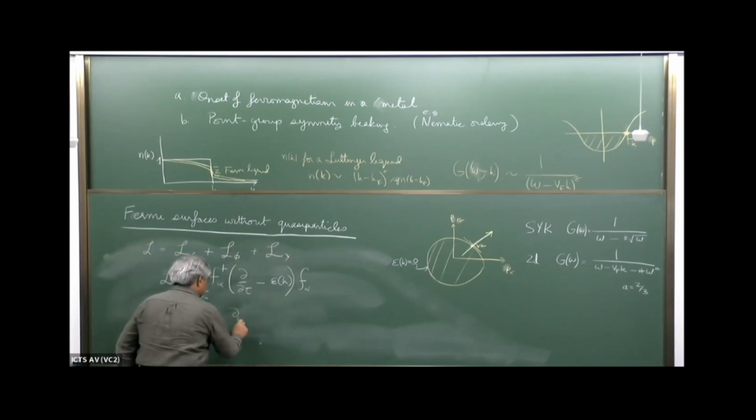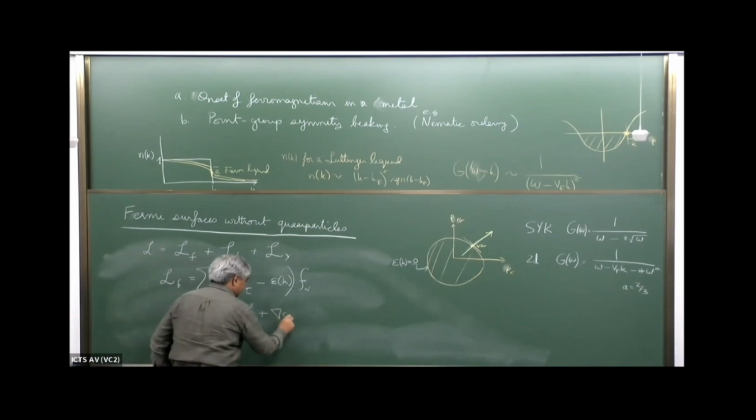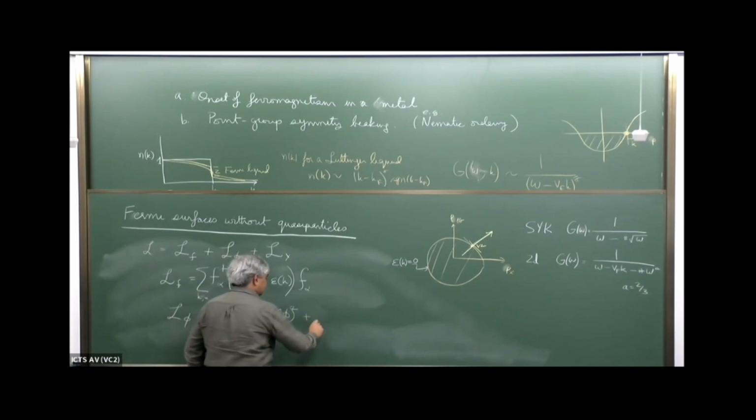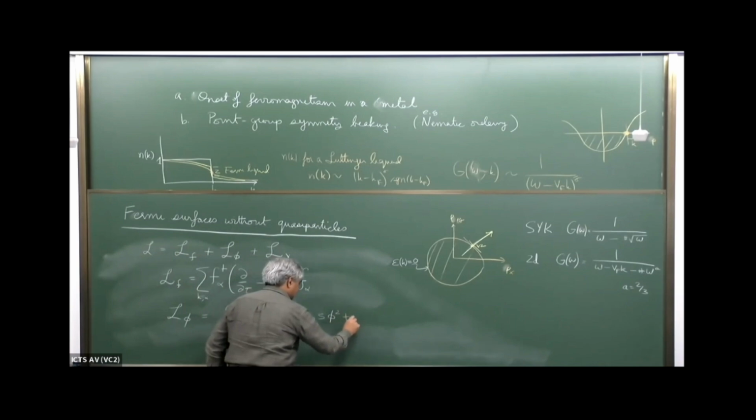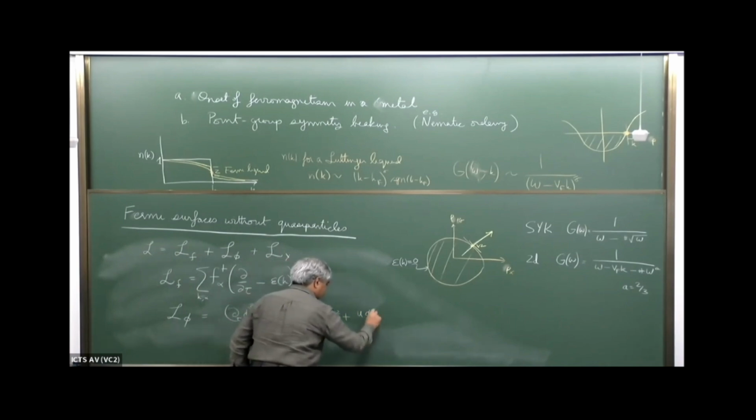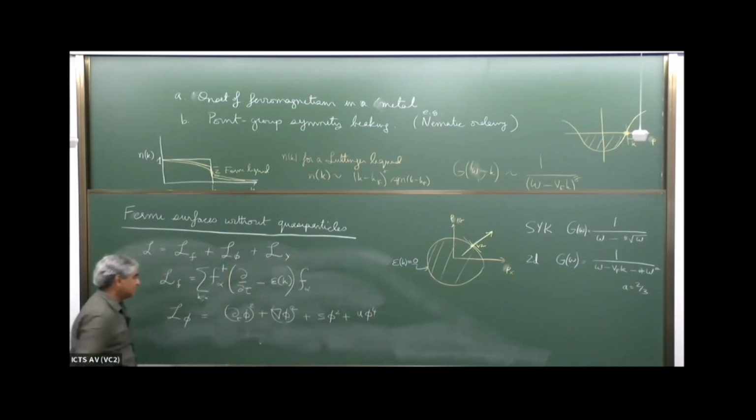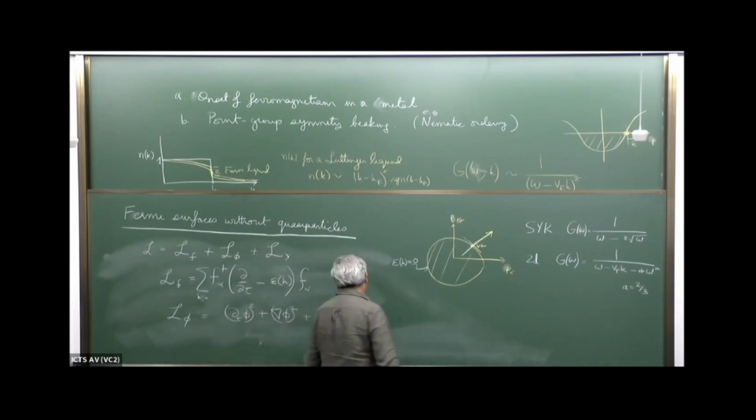So there's some (∇φ)² plus φ², plus some sφ² plus uφ⁴, schematically. And now this order parameter φ, I'll think of as a ferromagnetic order parameter.